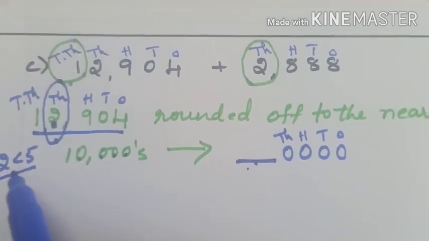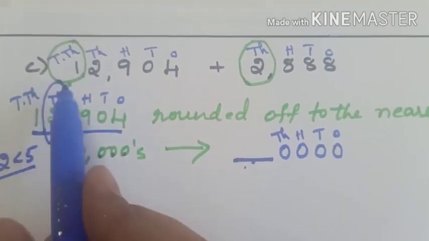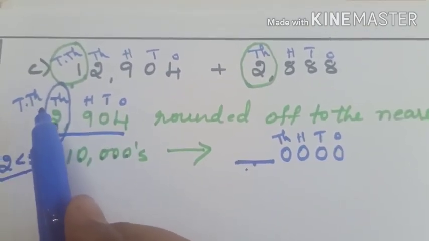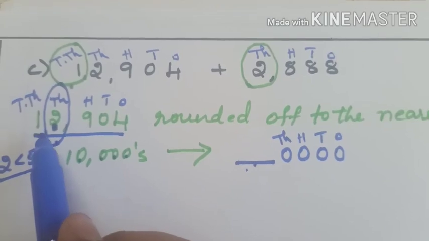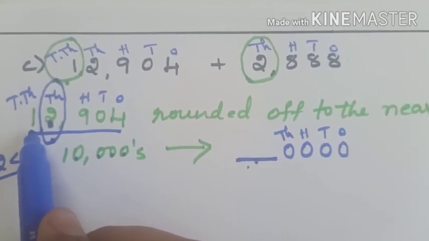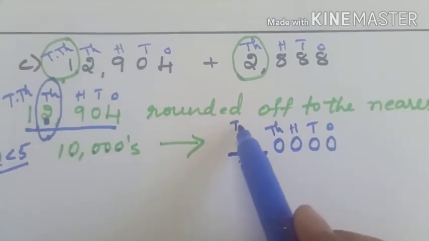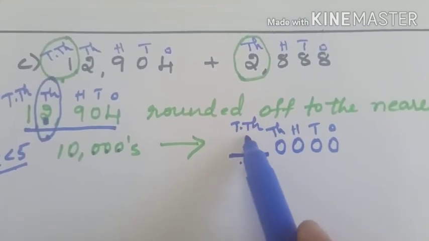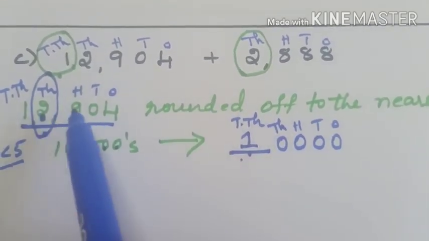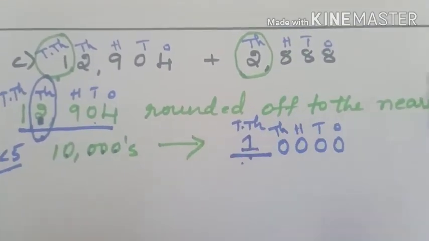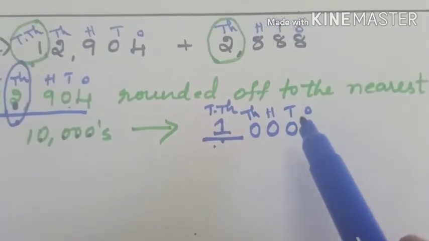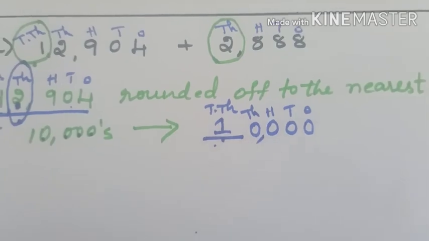Correct? If it is less than 5, then no need to add anything to the 10,000s place. Just write down the number as it is. What is the number here? 1. So fill this 10,000s place with 1. Fine. So 12,904 rounded off to the nearest 10,000 gives the answer 10,000.